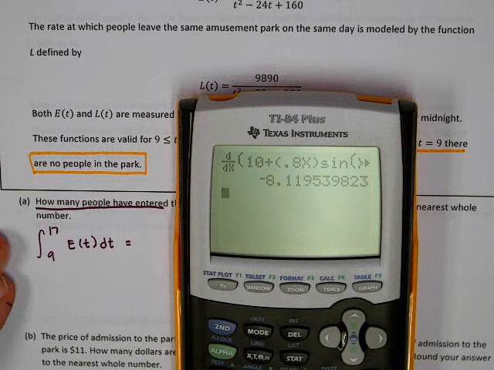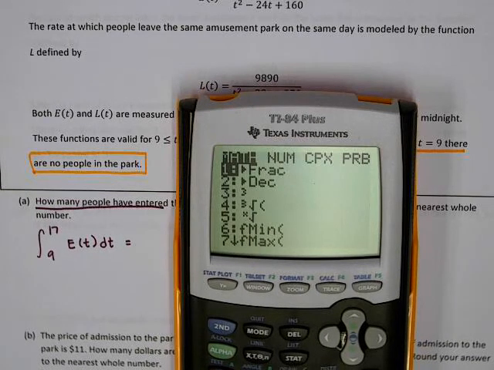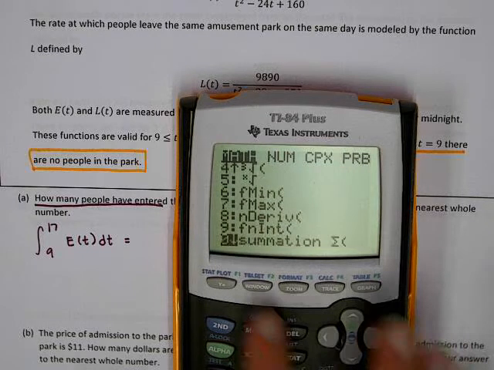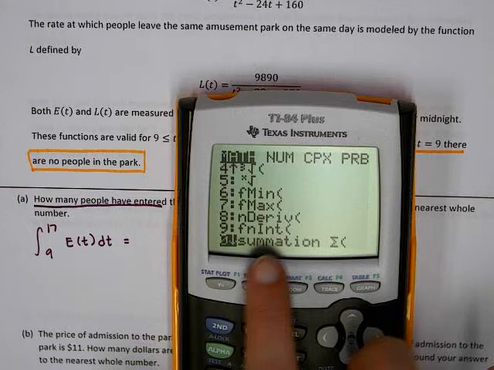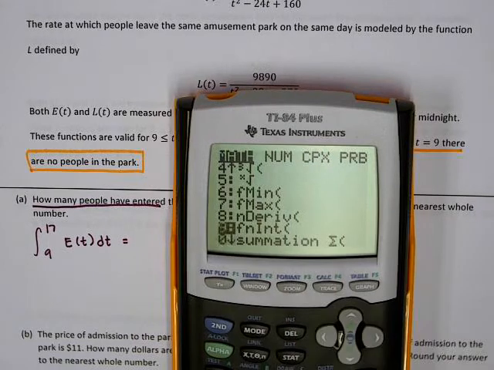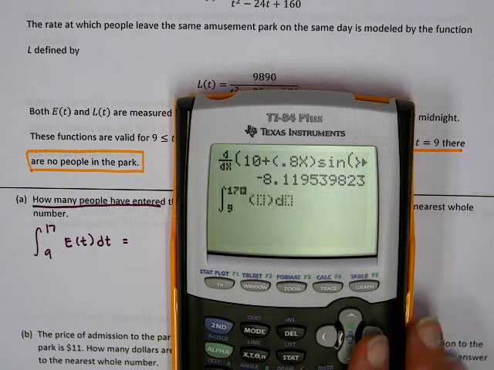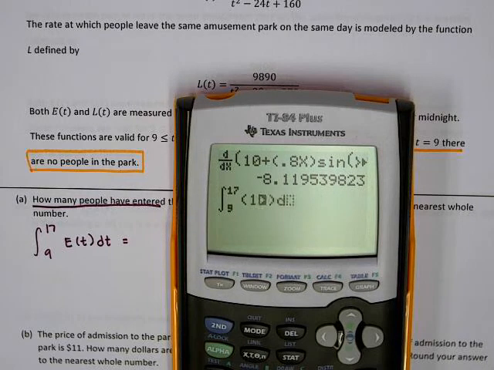So one of the things we haven't talked a lot about, at least not in a long time, is that you can compute integrals. It's math option 9. So it's just below where you would compute derivatives, you would compute integrals, math 9 on your calculator. So I would integrate from 9 to 17, my entering function.